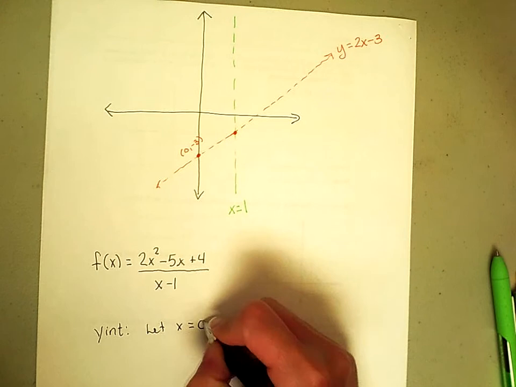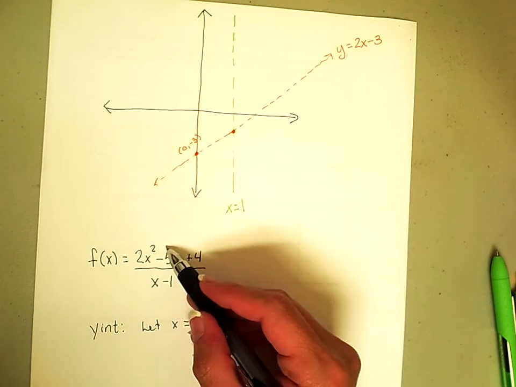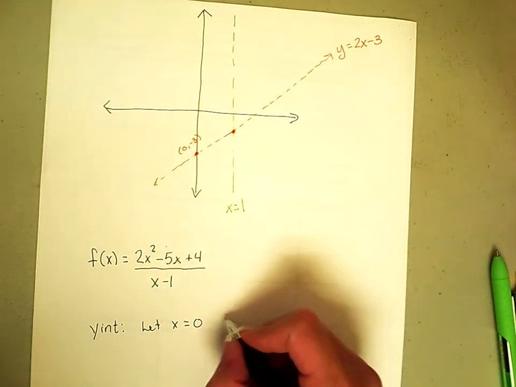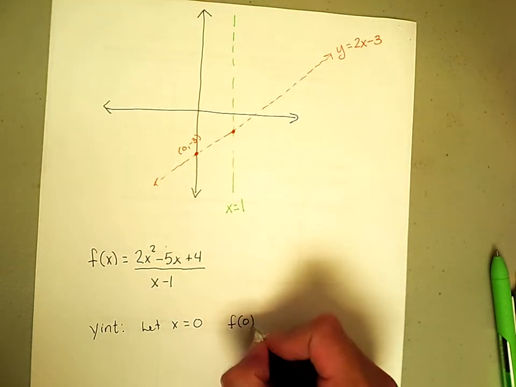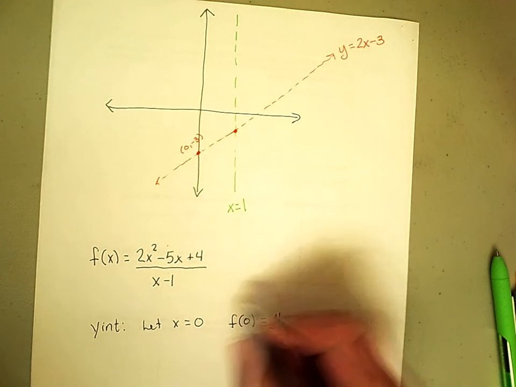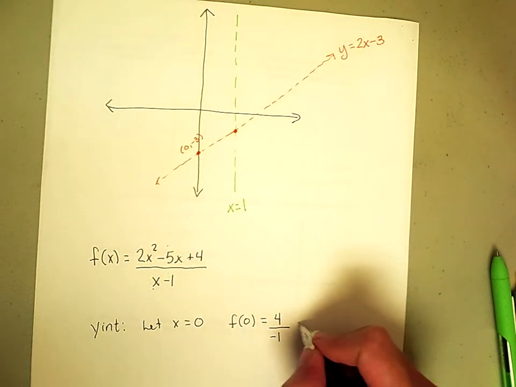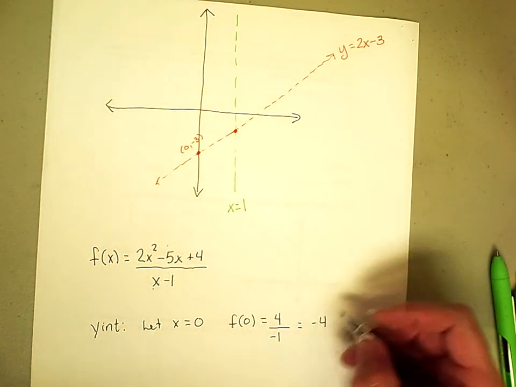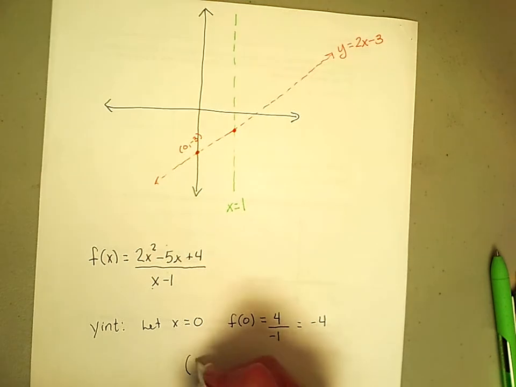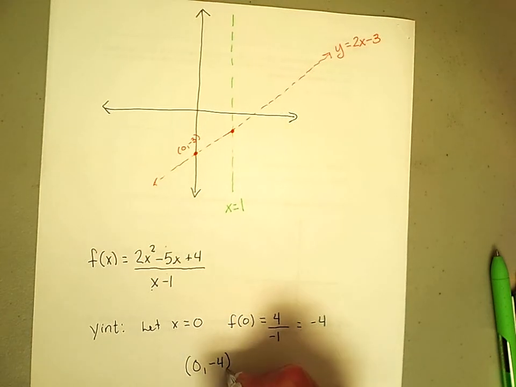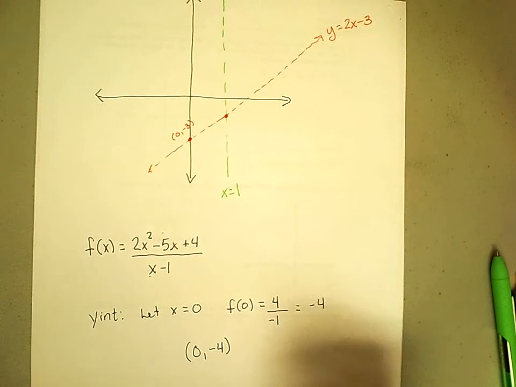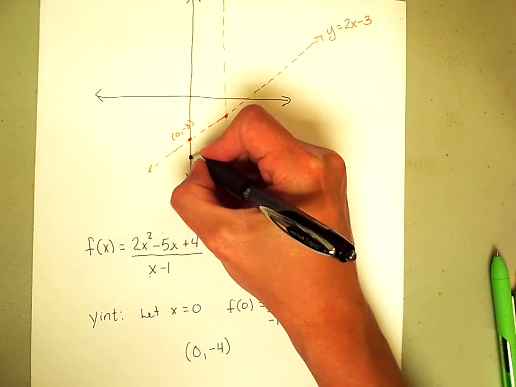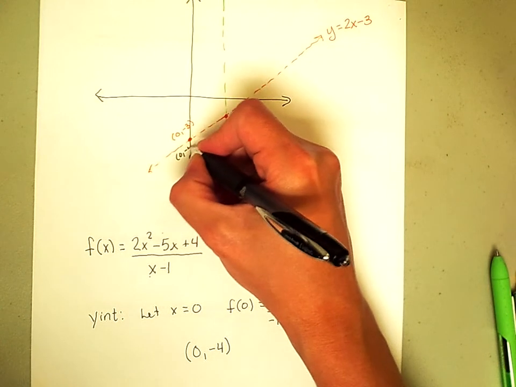If we let x equal 0, this goes to 0, this goes to 0, so we're left with f of 0 is 4 over negative 1, which is negative 4. So our y-intercept is (0, negative 4), and that puts it down in here.